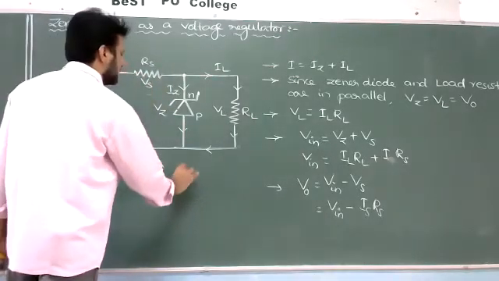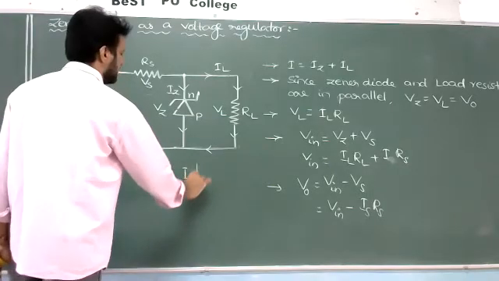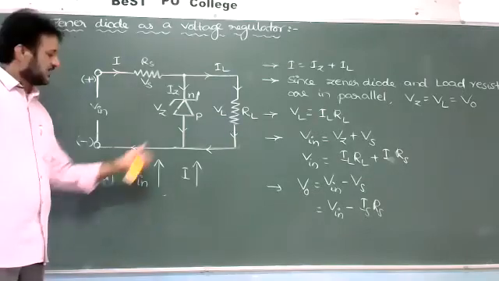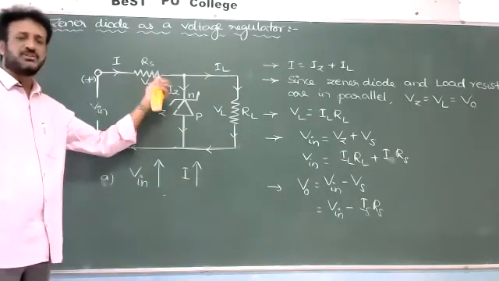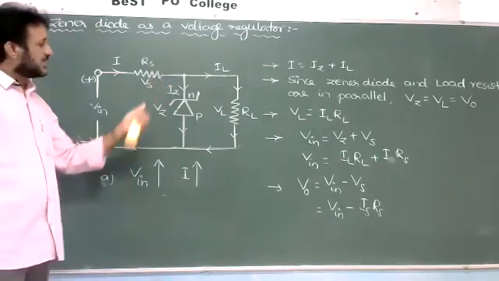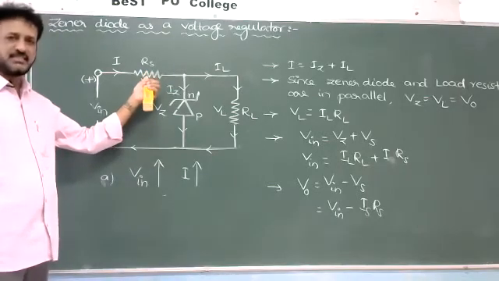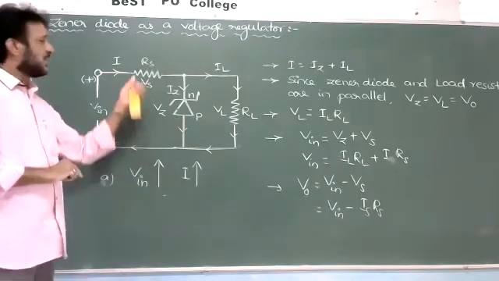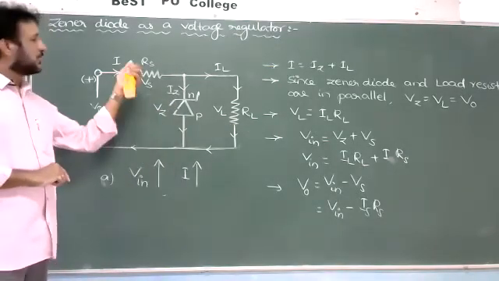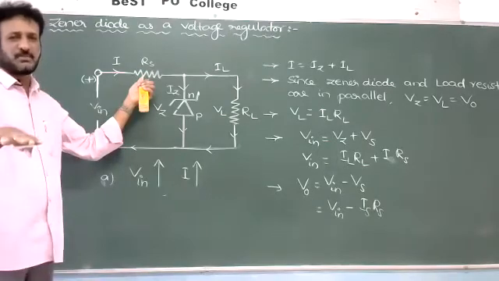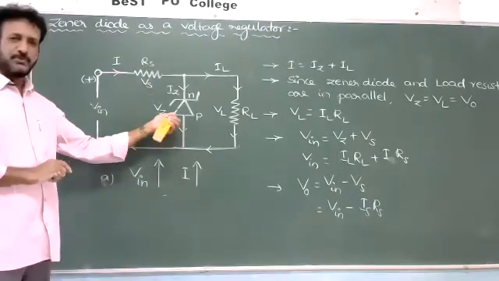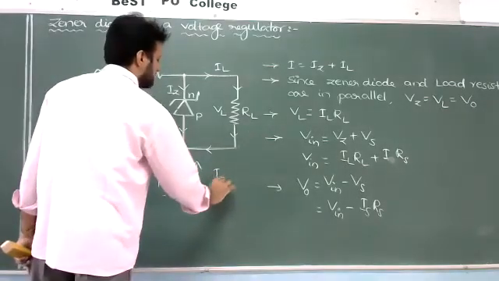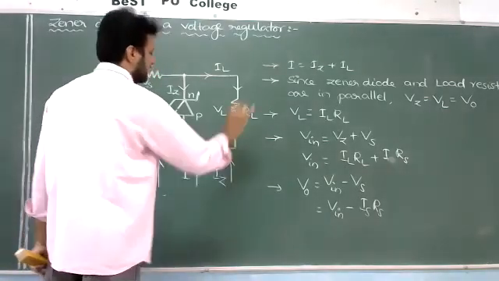Automatically, current I also increases. Whenever current flowing through this series resistance increases, the current flowing through the Zener diode also increases. Here more the current means more the voltage will be dropped. So current flowing through the Zener diode, Iz, also increases.